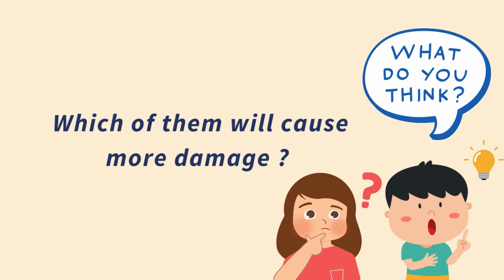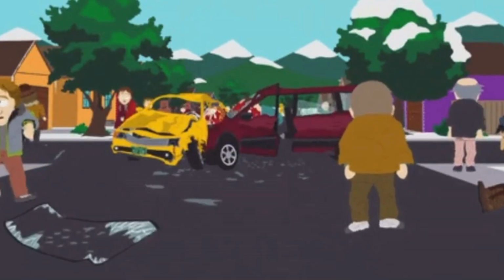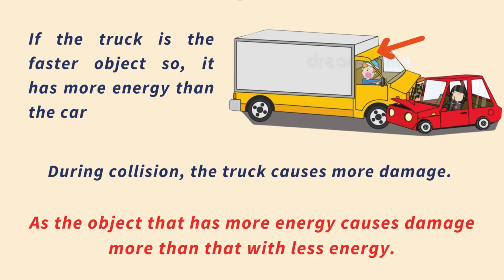So what do you think? Which of them, the truck or the car, will cause more damage? Yes, it's clear that the truck will cause more damage. And why? Because the truck is the faster object and it has more energy than the car. So during the collision, when they collide together, what happens?